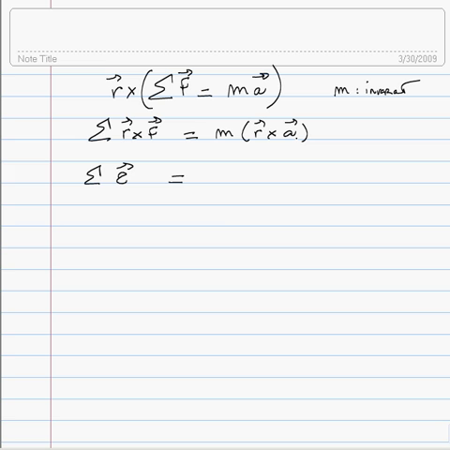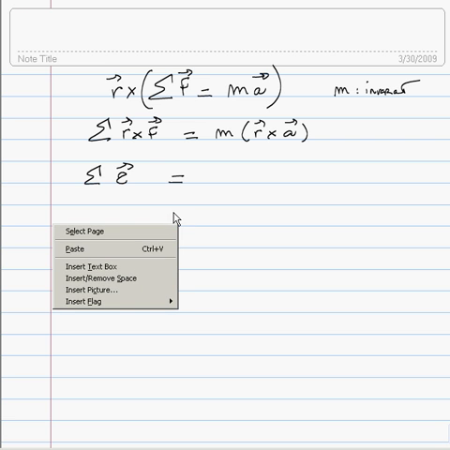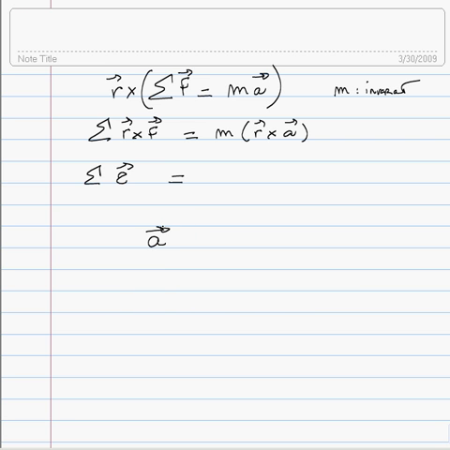So far so good. Now what I would like to do is replace my linear acceleration, a, by my angular acceleration. So I need to remember the relationship between the two. And I remember that a is equal to alpha cross r by definition.